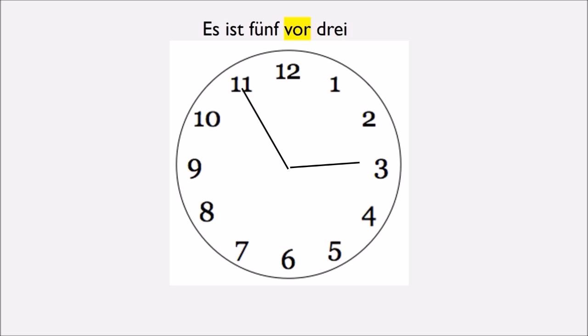So 5 past 9 would be 5 nach 9. 10 to 9 would be 10 vor 9. Quarter past 7, viertel nach 7. Quarter to 8, viertel vor 8. Dead easy, isn't it? So why does she say it's so difficult?